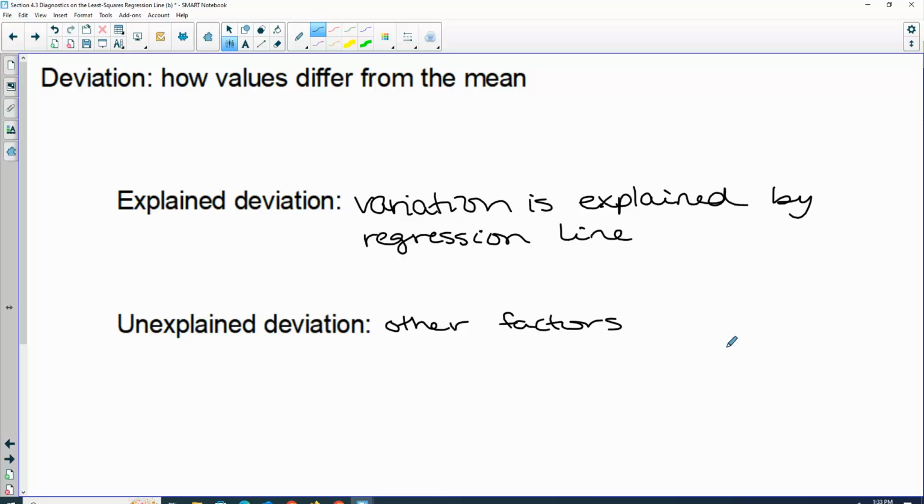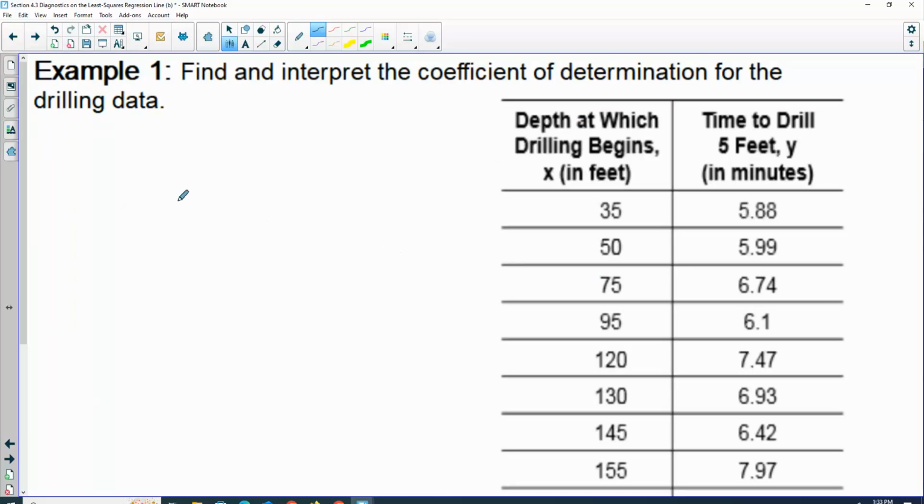So what I want to do, I'm going to put an example that we've looked at several different times, our drilling data that we've seen, and I want to find the coefficient of determination for this data. So coefficient of determination, that's our R squared. We have to start by entering everything into our set.